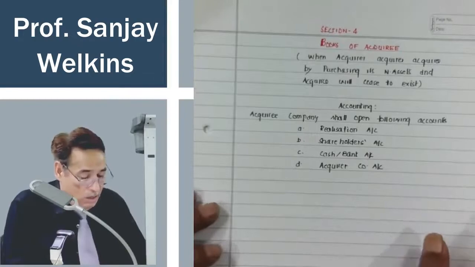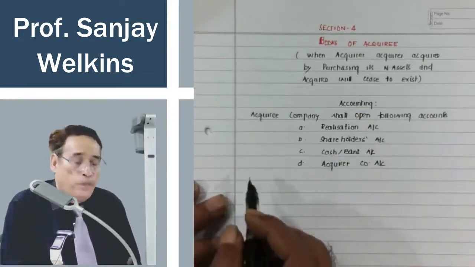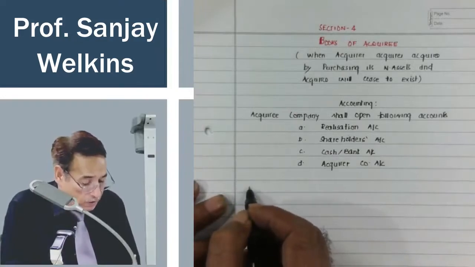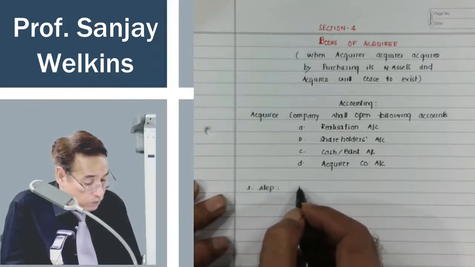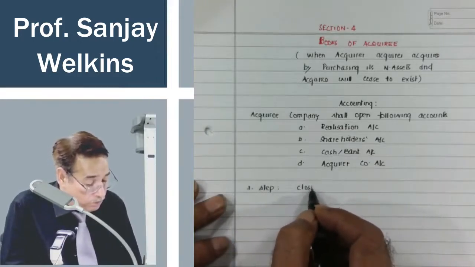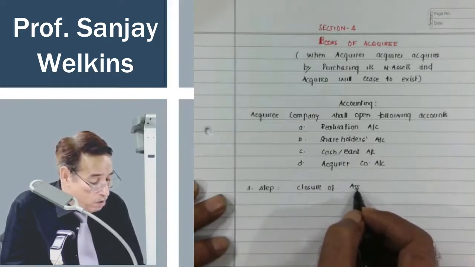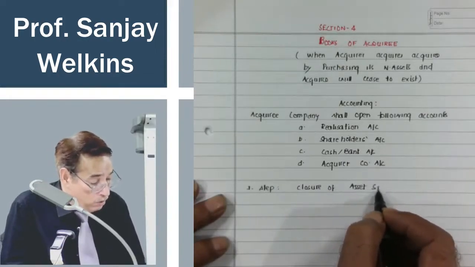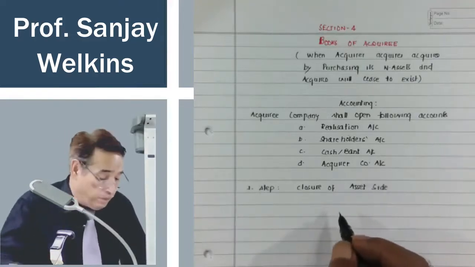Now, the next step is how to do the accounting after opening these accounts. Our first step will be to close our asset side. Step 1: closure of asset side. In order to close the asset side, just pay attention.